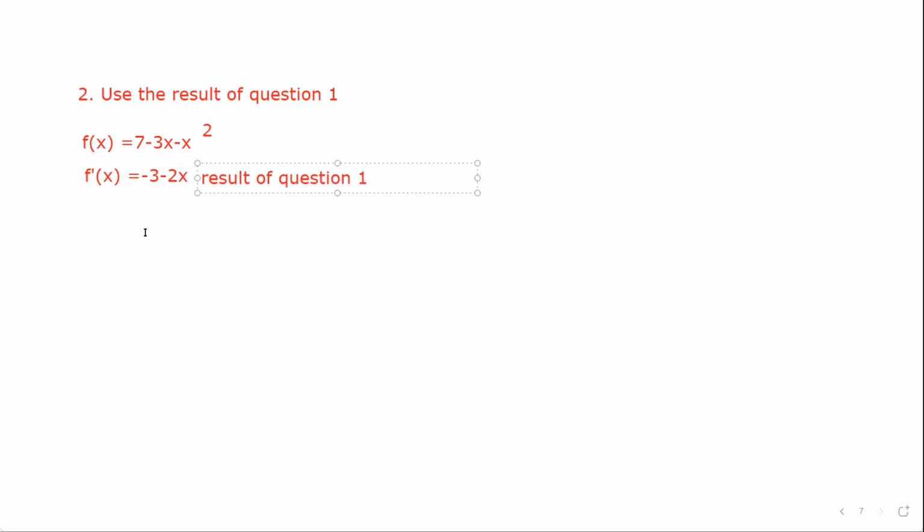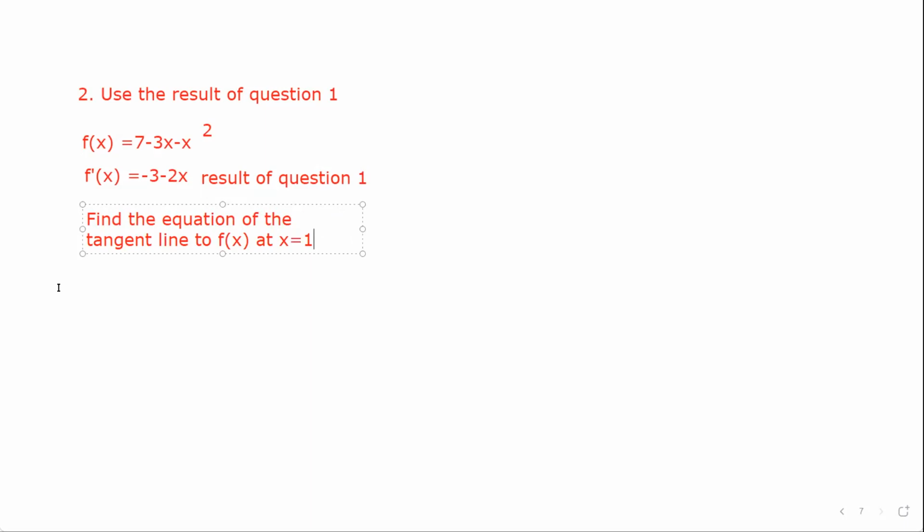Now, question 2 is find the equation of the tangent line to f of x at x equals 1.